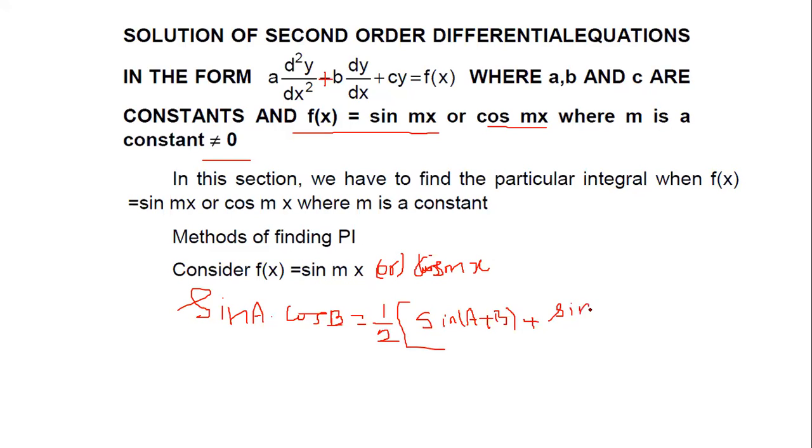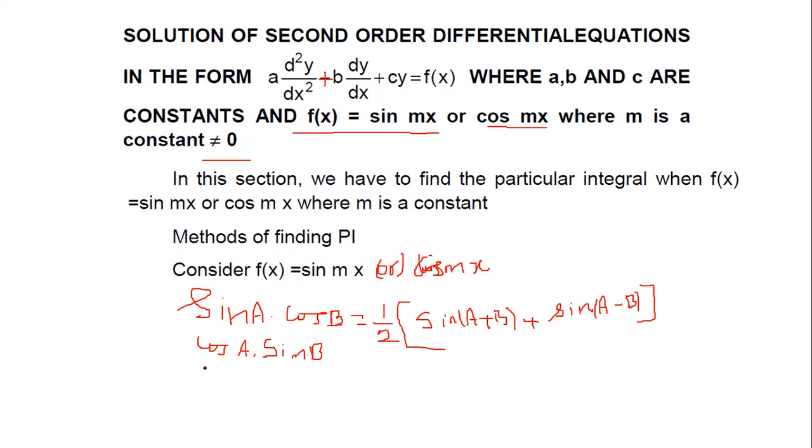So there are 4 formulas in total: sin A cos B, cos A sin B, cos A cos B, sin A sin B. Because in this part, this type of problem will come.